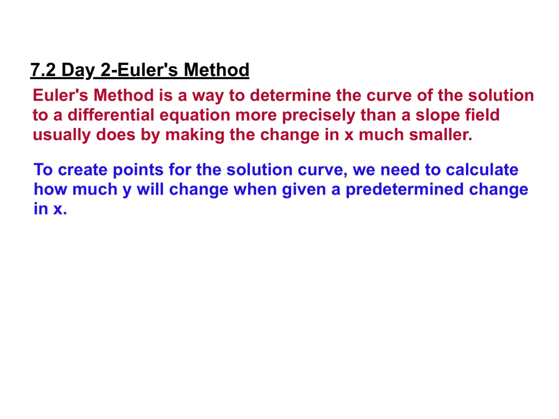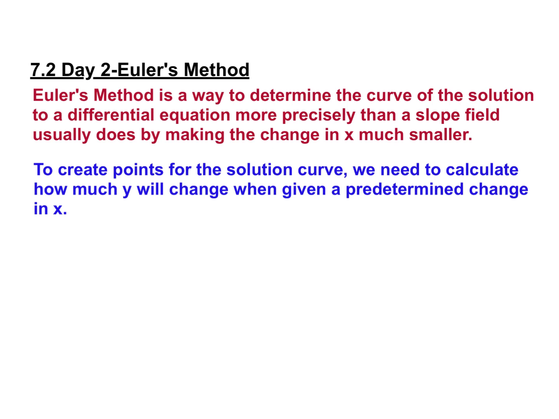To create the points for the solution curve, we need to calculate how much y will change after a predetermined change in x. We're going to be told what the change in x is, and based off of that, we calculate what the change in y will be. That's how we come up with the points on our curve.